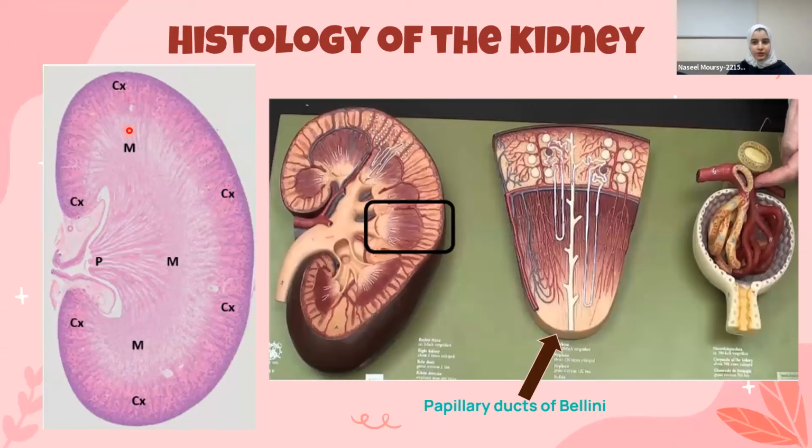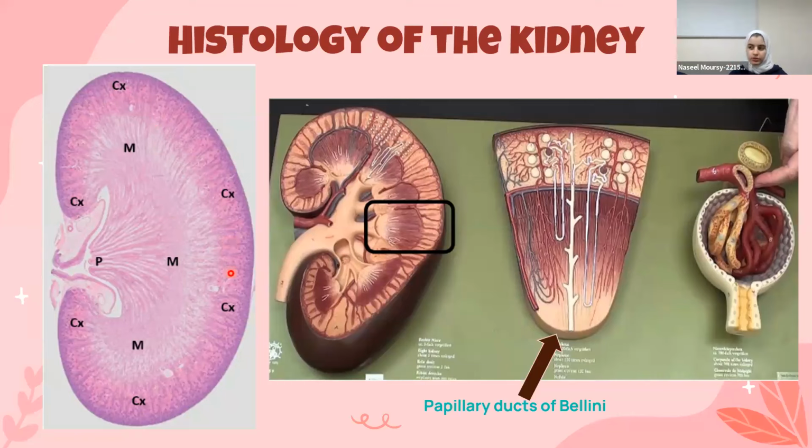First of all, here we have the histology of the kidney. So this outer part, what is it? I know it's labeled, but what is it? All right. So this darker outer part, what is this? Cortex. Good. And what is it significant for?